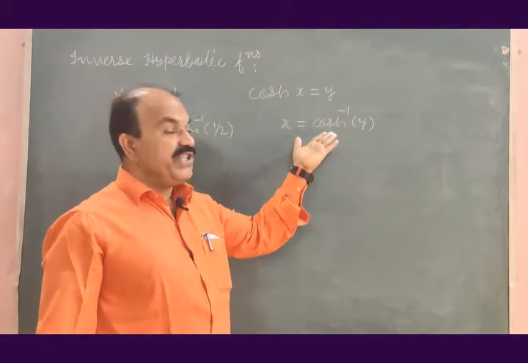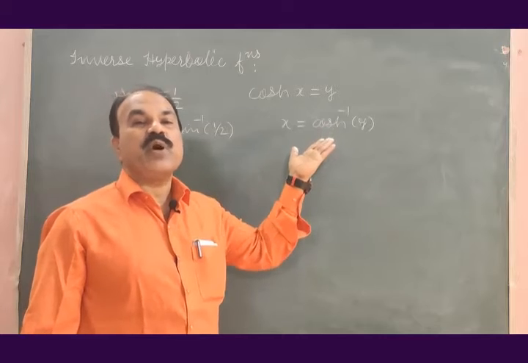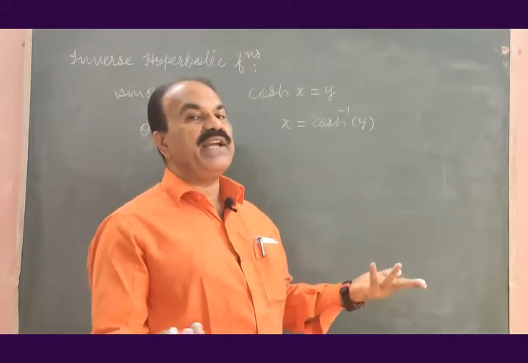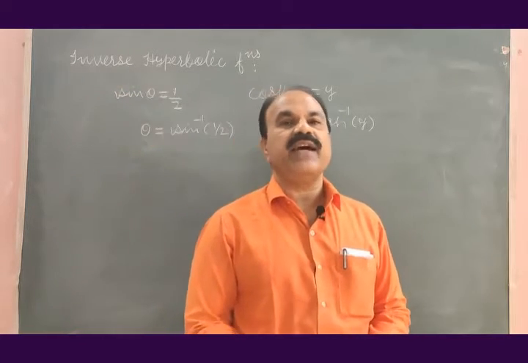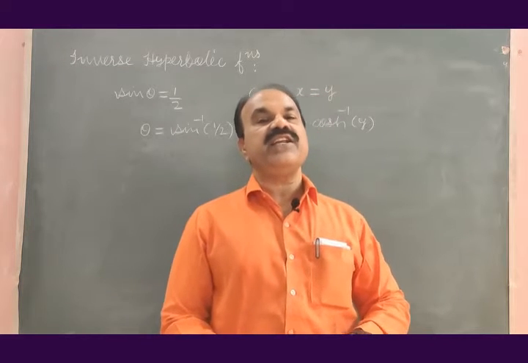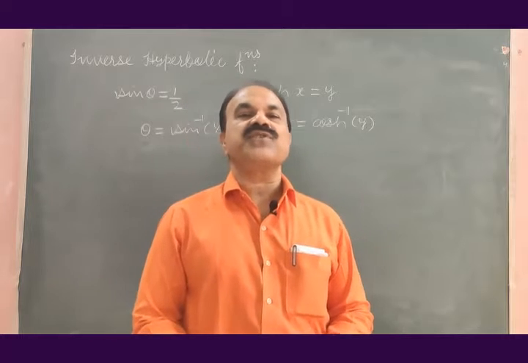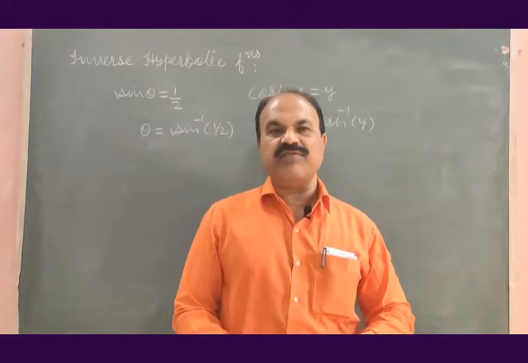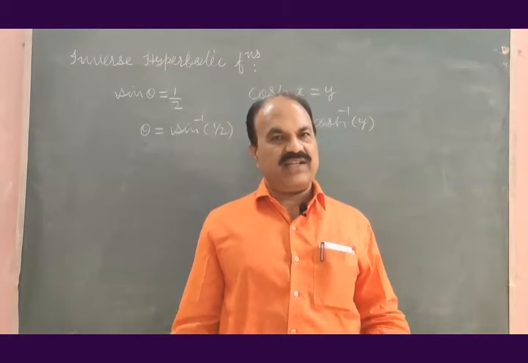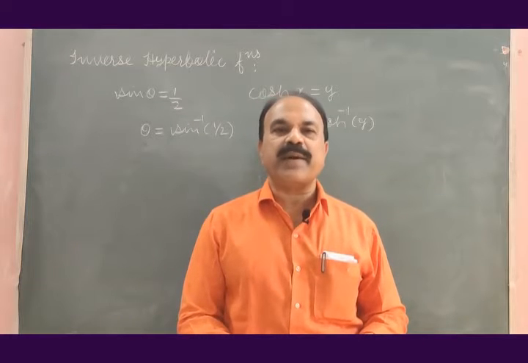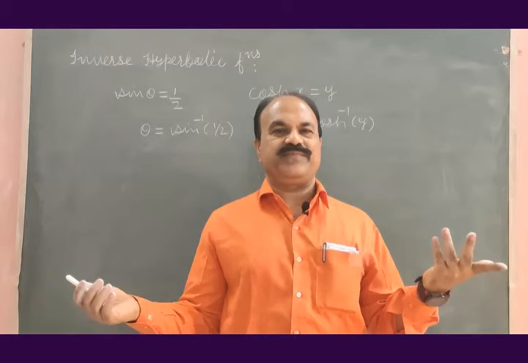As I have written here, inverse of cos hyperbolic, you can get inverse of sine hyperbolic. You can write equation for inverse of tan hyperbolic, inverse of cot hyperbolic, inverse of sec hyperbolic, inverse of cosec hyperbolic, and so on.